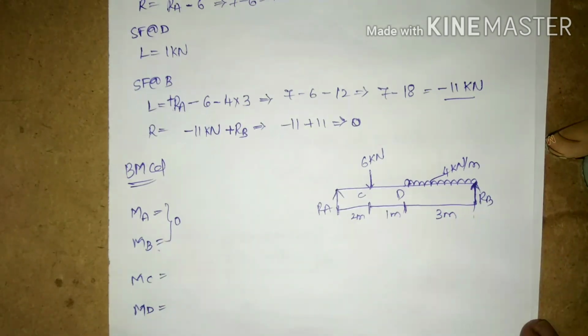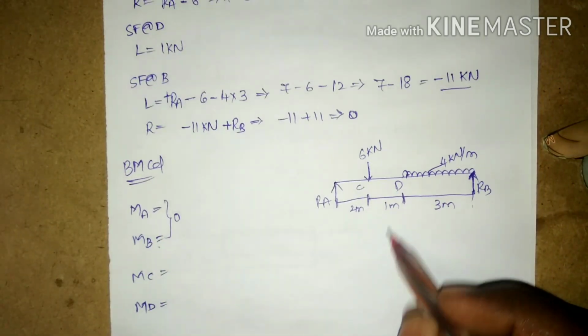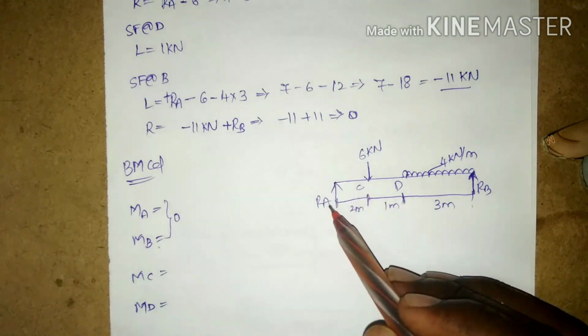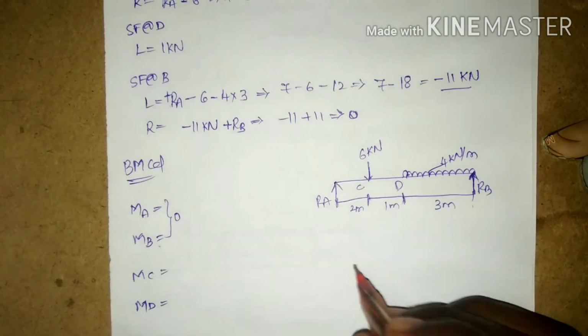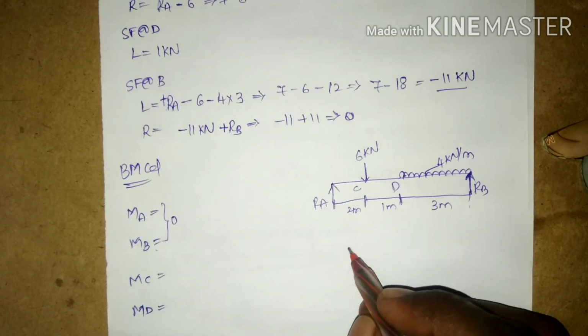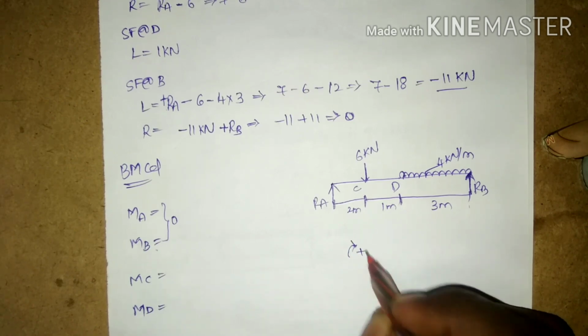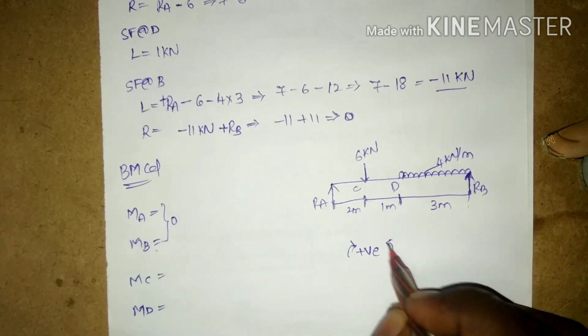For the moment about C and moment about D, I am going to calculate with the RA reaction. The sign convention is: if I take moments from RA, clockwise is positive and anti-clockwise is negative.